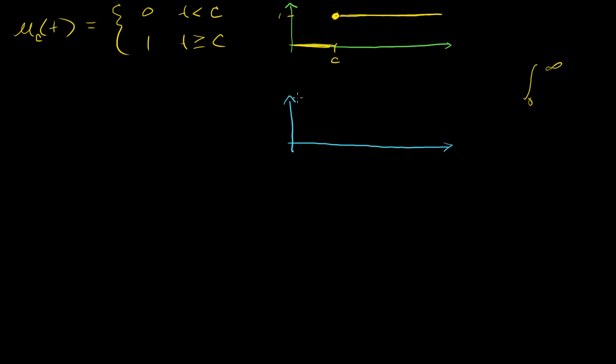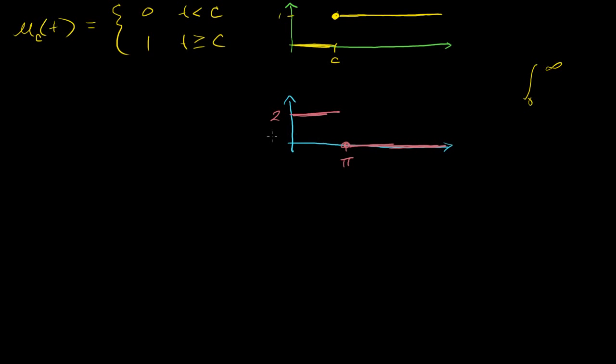And let's say it's at 2 until I get to, I don't know, pi. And then from pi until forever, it just stays at 0.